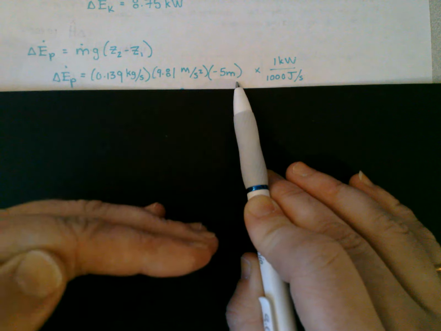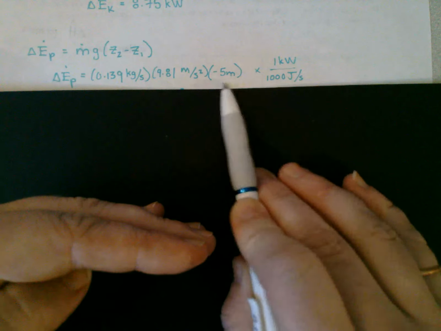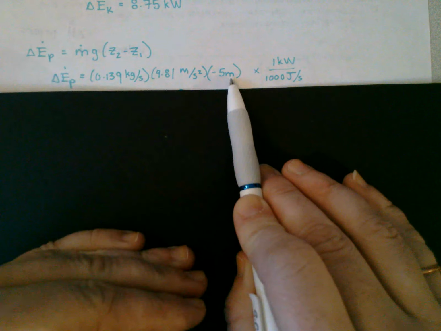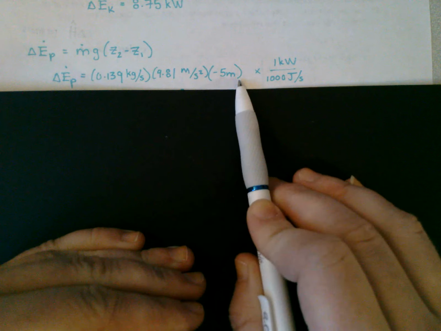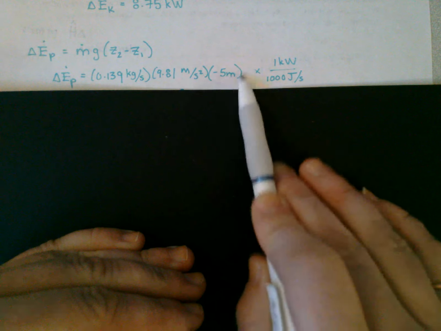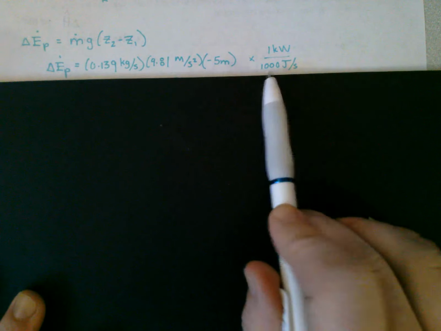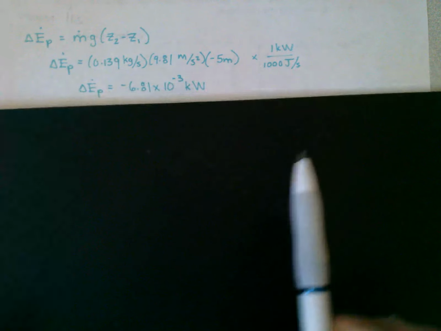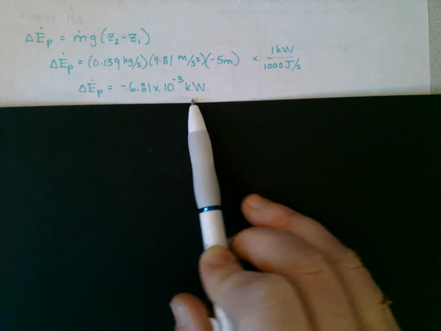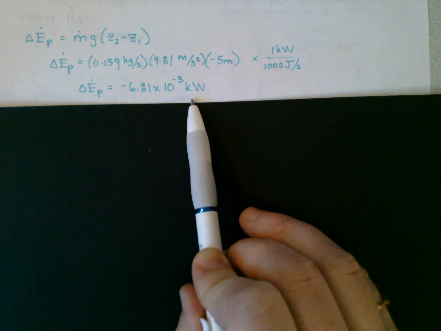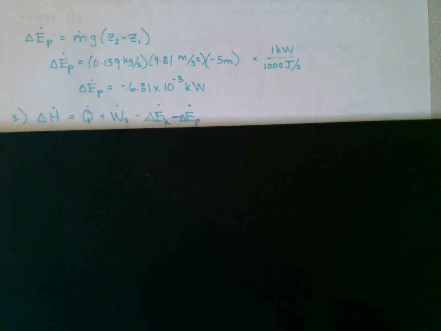So if we're dropping 5 meters, the problem has already defined for us that moving down must be negative. So we technically start at 0 and we lose 5 meters. So that's why this is negative here. And then I'm adding my conversion to the end. So that's going to give us negative 6.81 times 10 to the negative 3 kilowatts for potential energy change.